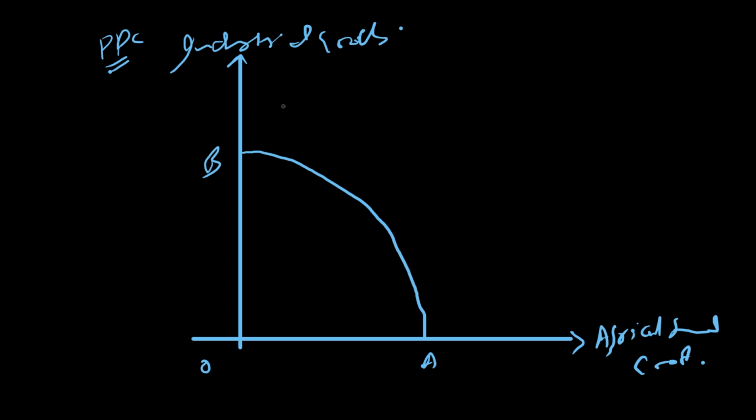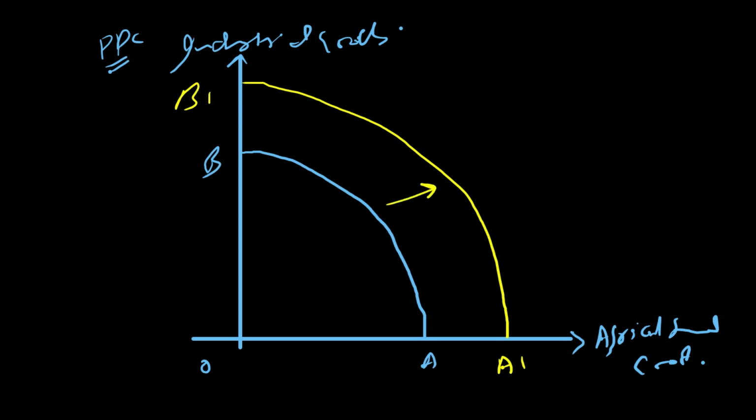Now if there is a rise in production possibilities, maybe because of multinational companies, because of foreign direct investment, or increase in local investment or improvement in technology, then the PPC will shift to the right, or there may be discovery of new natural resources as well.